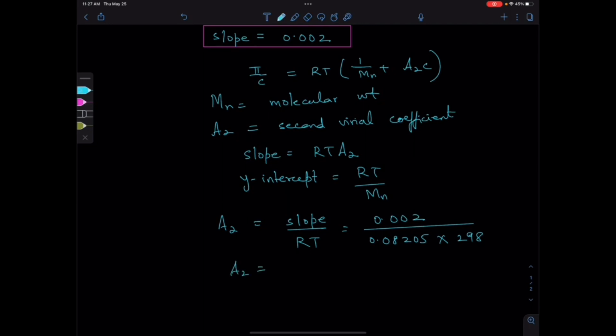That gives A2 a value of 8.18 times 10 to the negative 5 moles centimeter cube per gram square.